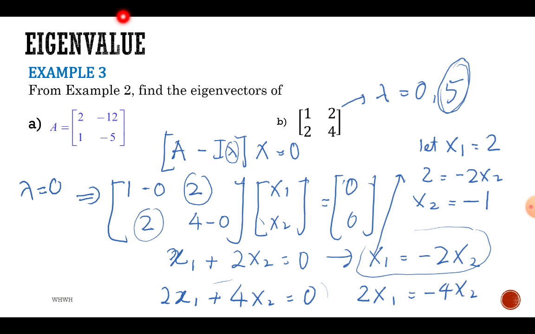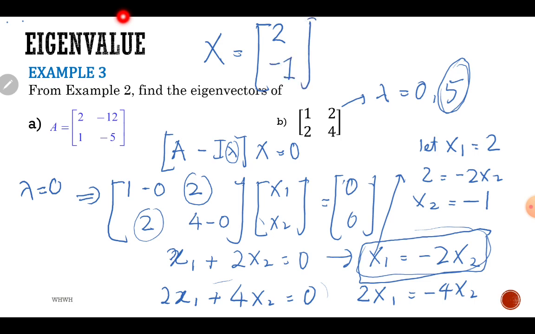Okay, so there is ada kelainan sikit kat sini. Kenapa satu positif, satu negative? Why it comes like that? Because relation between X1 and X2 adalah X1 equals to minus 2 X2. So, logik lah kita punya eigenvector kita akan jadi x1 kita 2, x2 kita akan jadi negatif 1. Atau kalau you tak suka, you boleh juga buat okay, negatif 2 kat sini and x1 you akan jadi 1.